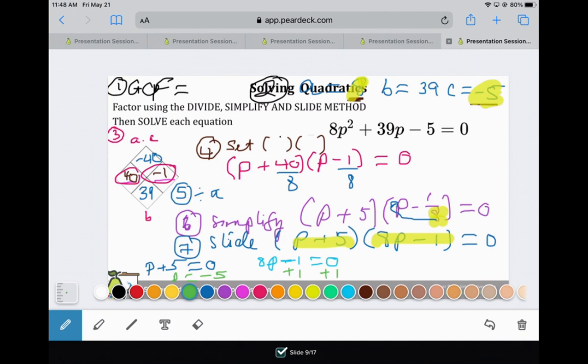For the second equation, add 1, so 8P equals 1, divided by 8, P is 1 over 8. So that's my answer. It's a lot of steps, a lot of work, but you can do it. And I promise you on the summative, I won't give you a lot of problems, but you should be able to do those. It's important. Okay, so go ahead and copy this down.